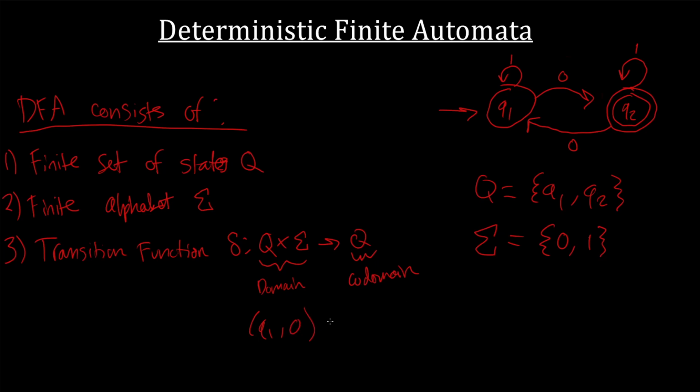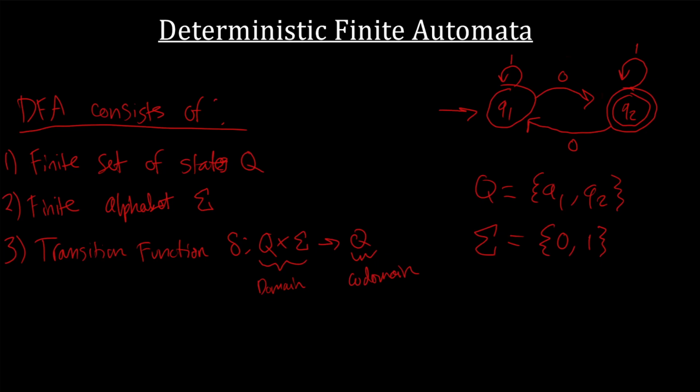Q1, 0. This is in the set Q cross sigma. And you'll notice the first element of the ordered pair is a state, and the second element of the ordered pair is a character from the alphabet. So Q cross sigma is simply all of the ordered pairs consisting of states from the set of states and characters from the alphabet. So that's all Q cross sigma is.